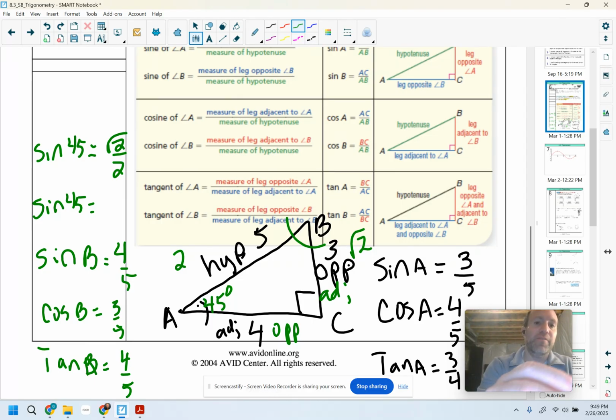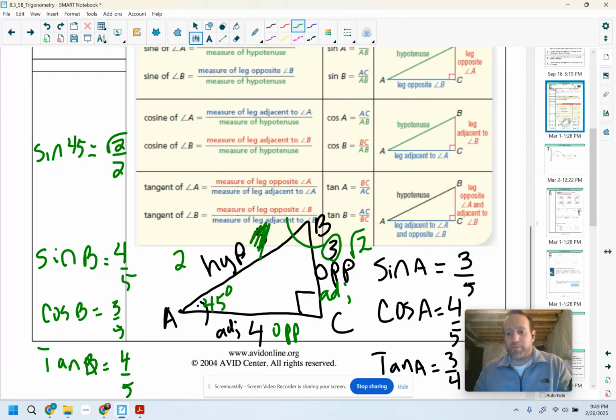And let's say that I gave you that the side opposite over here was 3, but the hypotenuse was unknown. I don't know how big the hypotenuse is, and we don't know the adjacent side either. But I know how big the tree is. So I want to know, how long would it be for me to create a zip line from the top of the tree to the ground at a 45-degree angle?